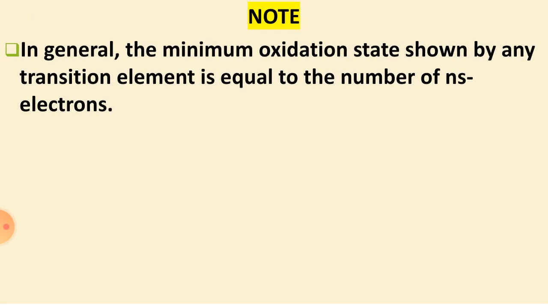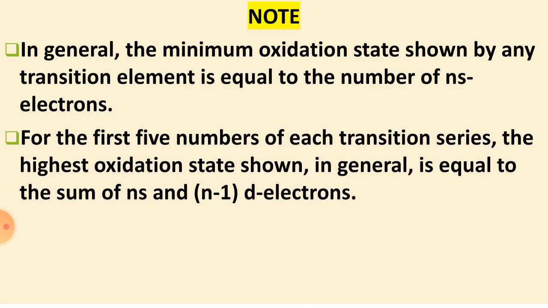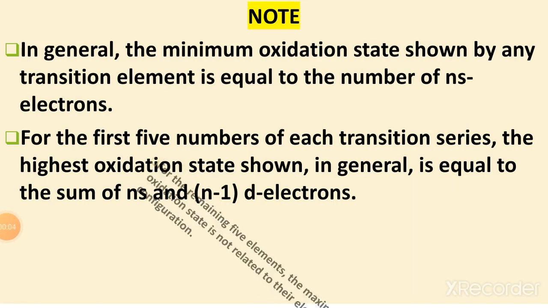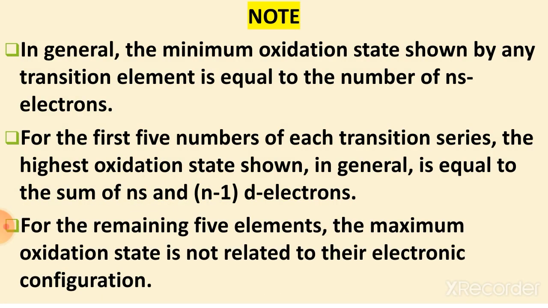In general, the minimum oxidation state shown by any transition element is equal to the number of ns electrons. For the first 5 members of each transition series, the highest oxidation state shown is in general equal to the sum of ns and (n-1)d electrons. For the remaining 5 elements, the maximum oxidation state is not related to their electronic configuration, as I have shown above.